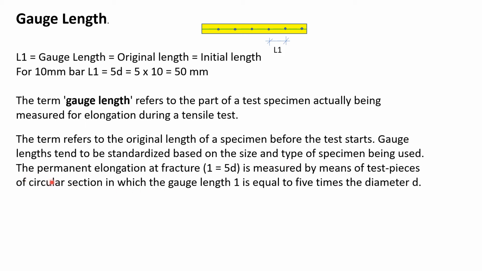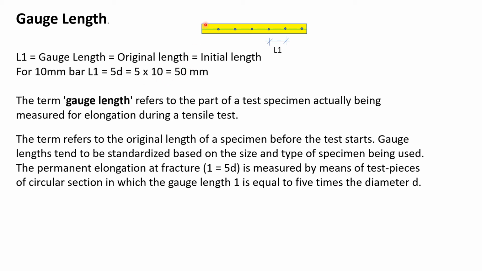The permanent elongation at fracture is measured by means of a test piece of circular section in which the gauge length L1 is equal to 5 times the diameter. Suppose the bar is of 10 mm diameter, then its gauge length L1 will be 5 times the diameter, that is 5 into 10 is 50 mm.